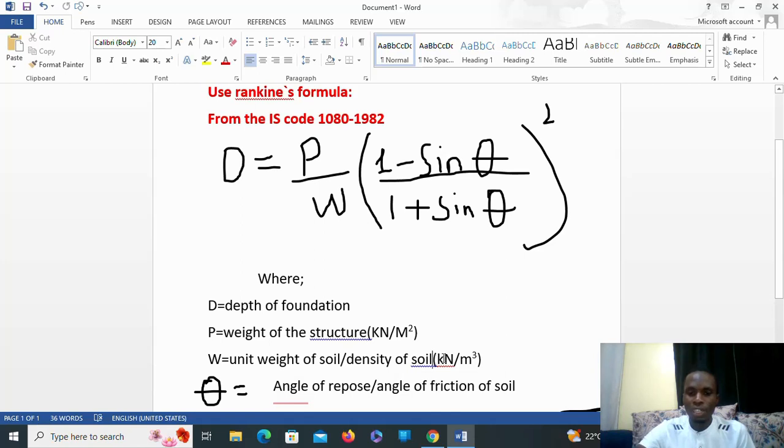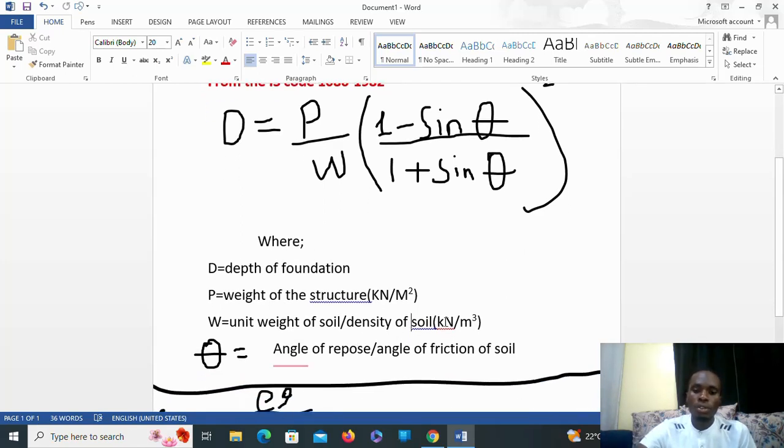You can convert them if the unit of the structure load and the unit weight of the soil don't match. You will have to convert either of them for them to match. You can have Newton per cubic meter, something like that.